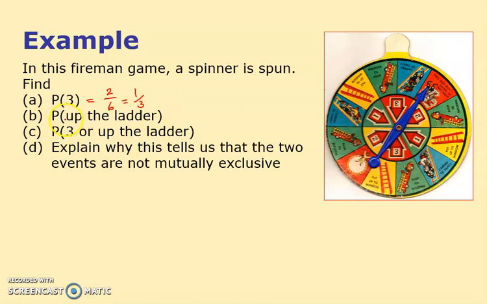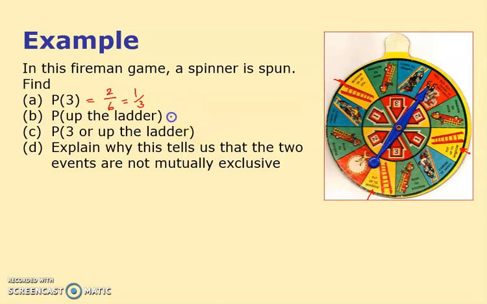B, the probability of up the ladder. Well, that says up to the window. So I assume, what's that say? I think I'm referring to these yellow ones. I'm not really sure, but yeah, I think it's these yellow ones. Anyway, there's 3 of them.